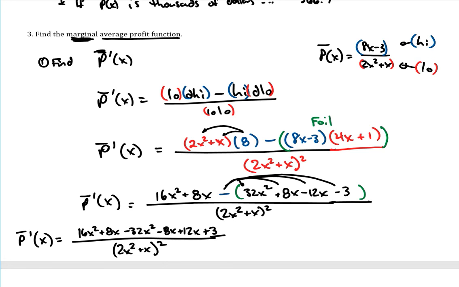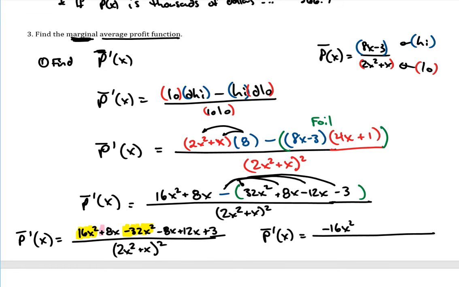All right, and then now I just look at what we have and try to simplify as far as we can. So notice I have 16x squared minus 32x squared. So we can put our final answer here. 16x squared minus 32x squared would be negative 16x squared.